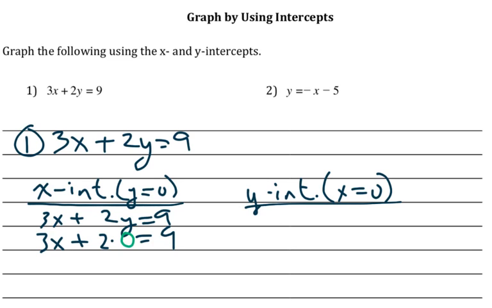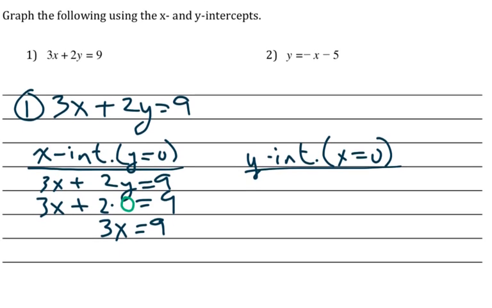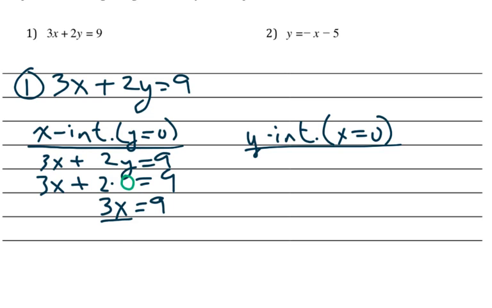Now what's cool about this is the 2 times 0 term, the y term, drops out, and you're left with 3x equals 9, which you're going to then divide by 3, and get x is equal to 3. The y-intercept, where x is 0, is going to be 3x plus 2y equals 9.